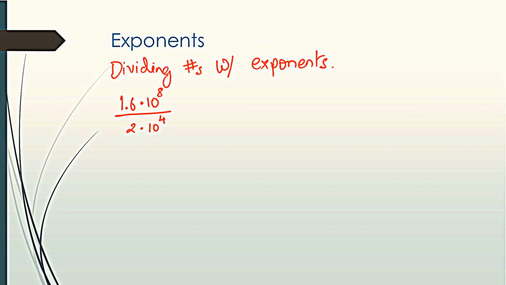Just like we did in the previous problem, what you will do here is isolate your exponents, and because they have the same base, which is 10 on both top and bottom, you will go ahead and subtract the exponents. Because you are dividing the two numbers, you subtract the exponents, and so what I get here is 10 to the 4th, because 8 minus 4 gives me 4.